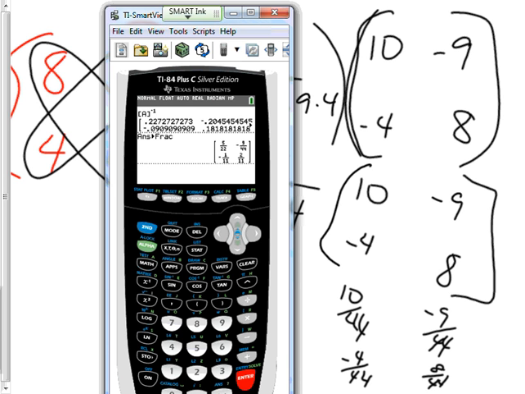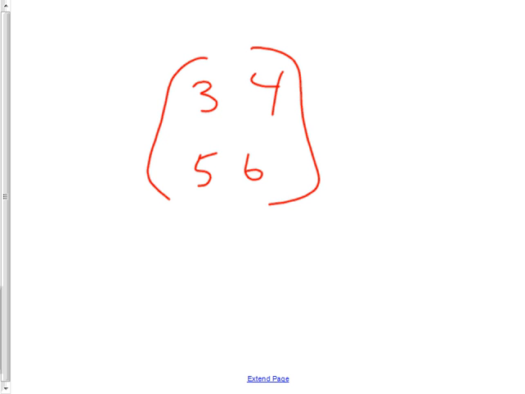All right. Now, there is one thing you have to do by hand. It's called a determinant. That's that first part of that other problem. 3, 4, 5, 6. The determinant of this, it's called DET. There is a way to do it on the calculator, and I can't stop you from using the calculator, but I'm not going to show you where it is. I am going to tell you how to do it by hand. The determinant of this is really easy.